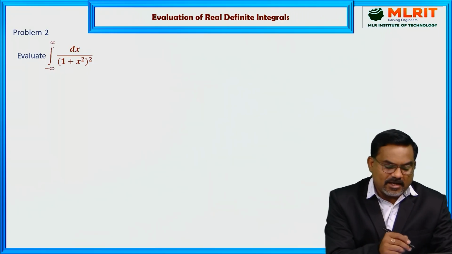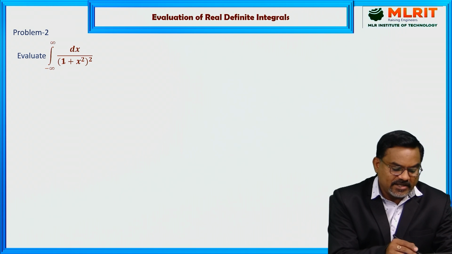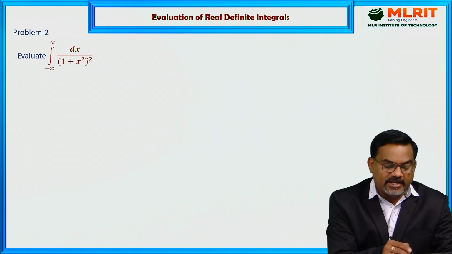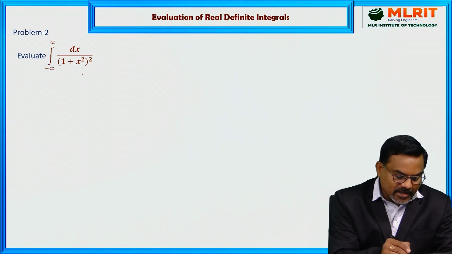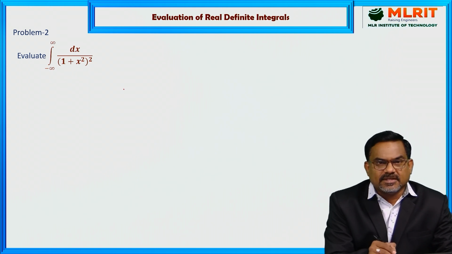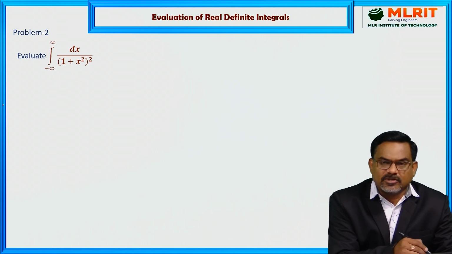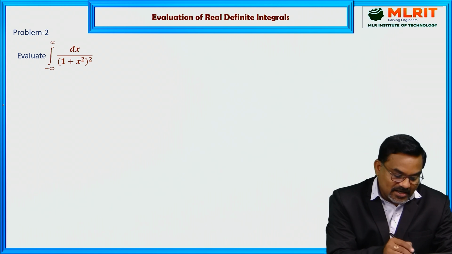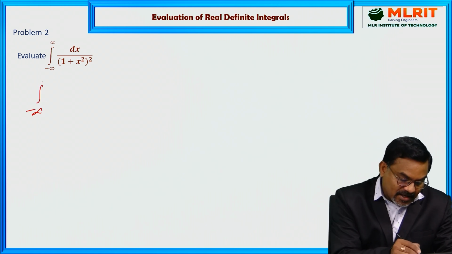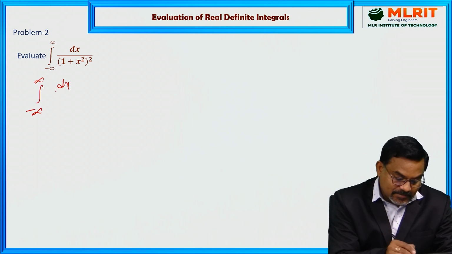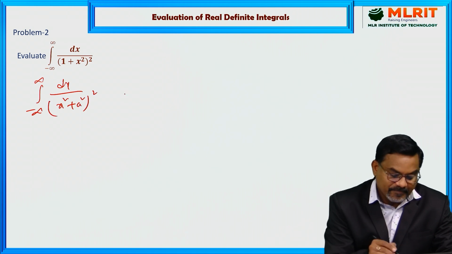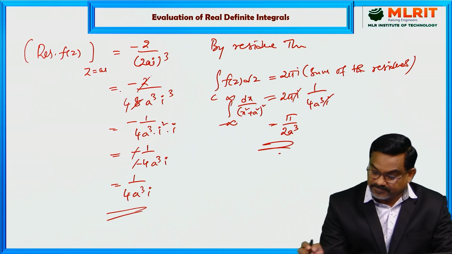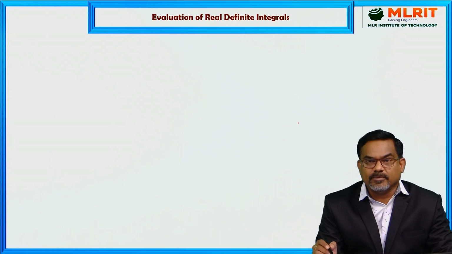Now, coming to the next problem, evaluate the line integral from minus infinity to plus infinity of dx by (1 plus x square) whole square. So, you can continue the same process similar to the previous problem, or else you can compare it with the previous one, dx by (x square plus a square) whole square. What is the answer here? Pi by 2a cube.